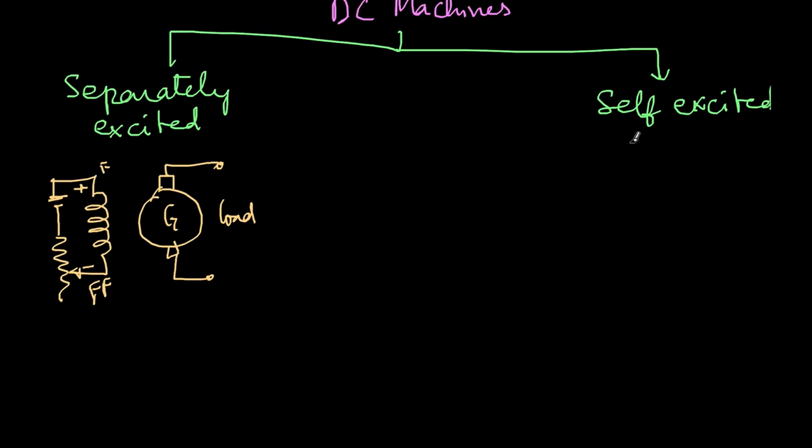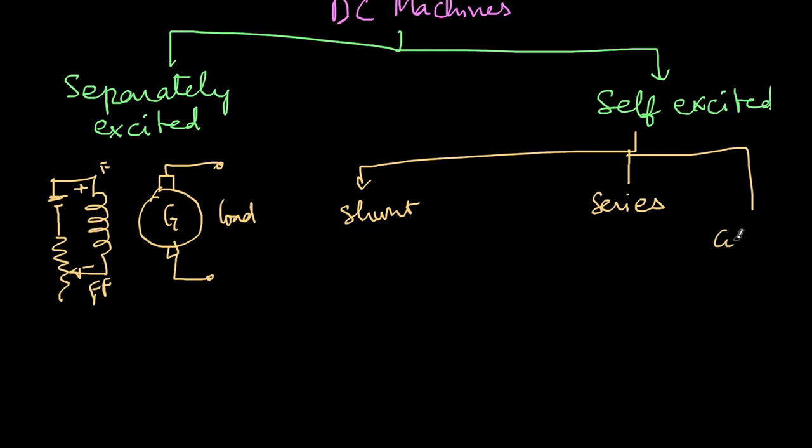Now coming to self-excited. Under self-excited, there are again three categories. One is shunt, other is series, and the last one is compound. So let's discuss this.